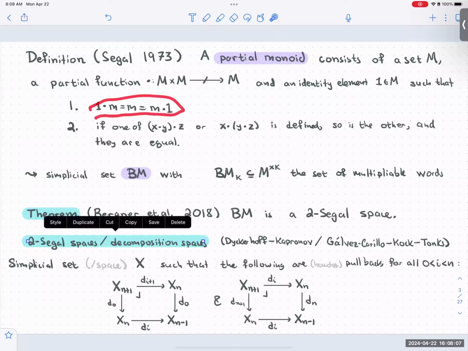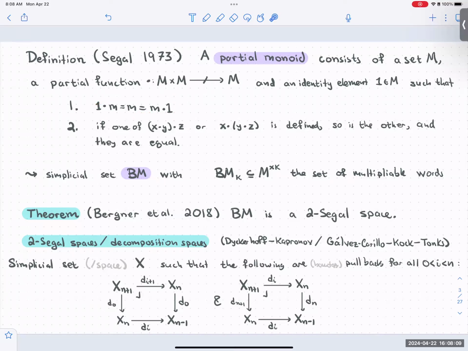There's something that multiplies with everything and behaves as an identity element should. And it satisfies a strong form of associativity, so that if x dot y and (x dot y) dot z is defined, then so is the other way of associating it. And they happen to be equal, or vice versa.